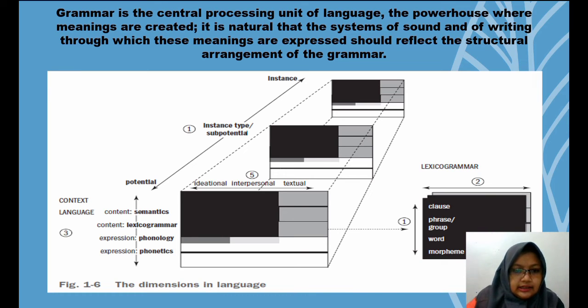Here, in the context of language, there is content, which consists of semantics and lexicogrammar, and expression, which is phonology and then phonetics.